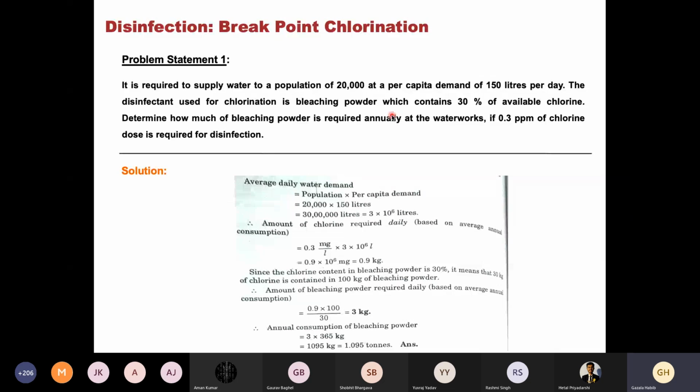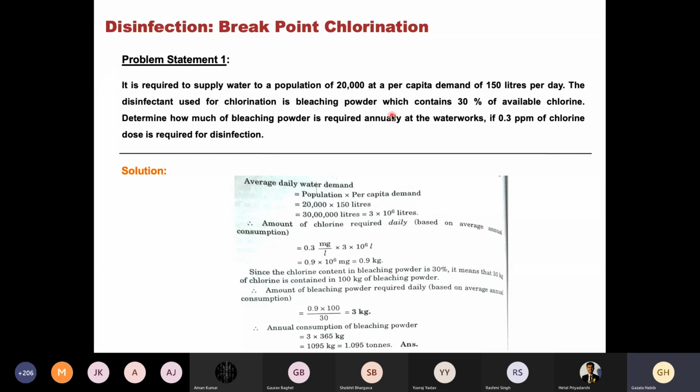Yeah, so liquid chlorine or chlorine gas can be applied, and bleaching powder. Bleaching powder is CaOCl2.